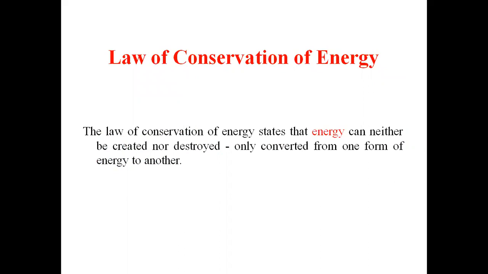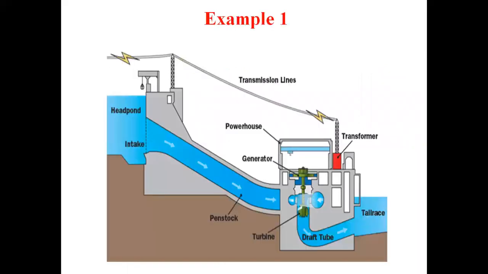Everybody knows that the law of conservation of energy states that energy can neither be created nor destroyed, only converted from one form of energy to another. I will again explain with the help of an example. Example number one, the best example of conservation of energy.